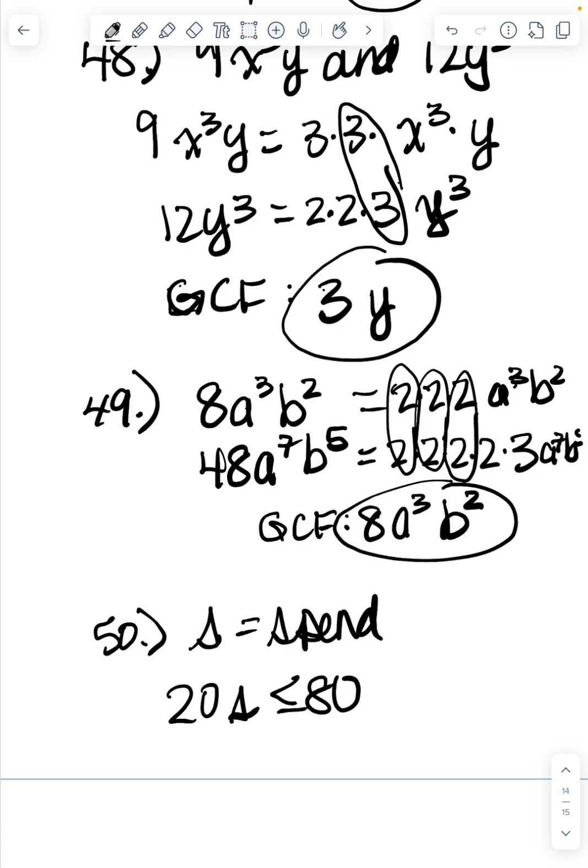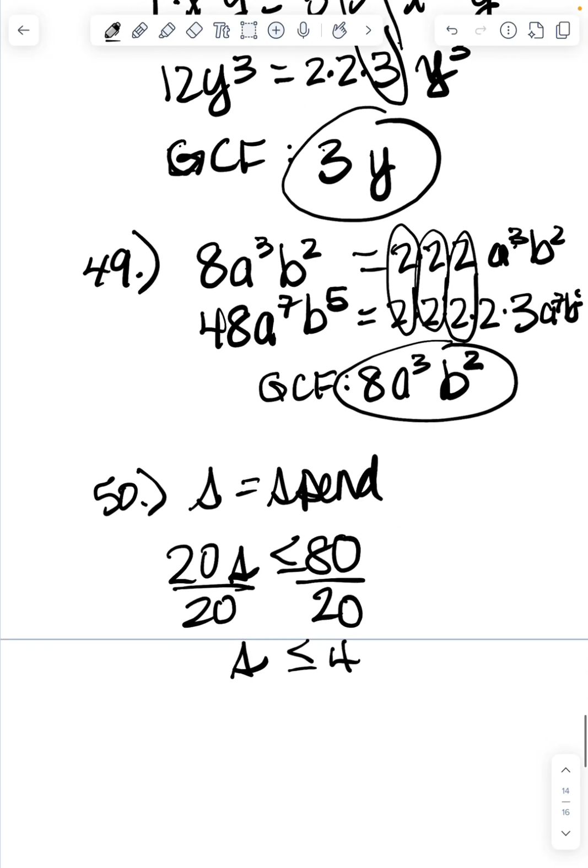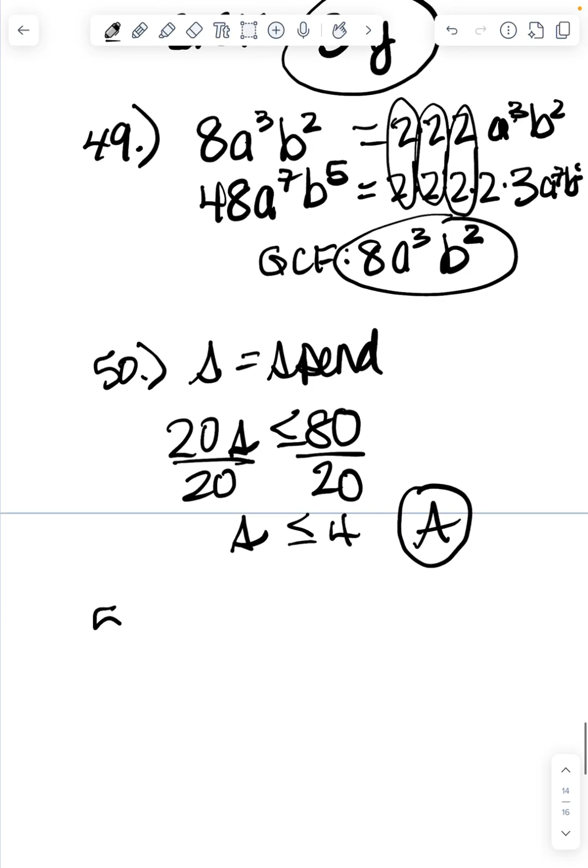So she can spend 80, she just can't spend more than 80. So as long as it's less than or equal to 80, she's good. Let's divide both sides by 20. That means that she can spend less than or equal to $4. Out of our multiple choice, that means the answer is A.